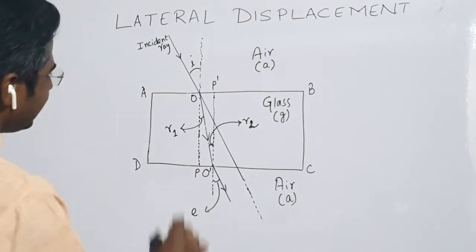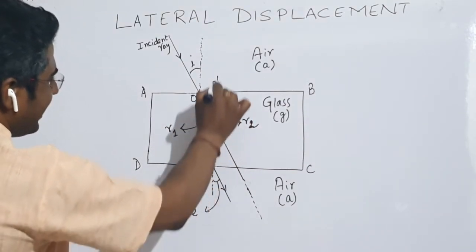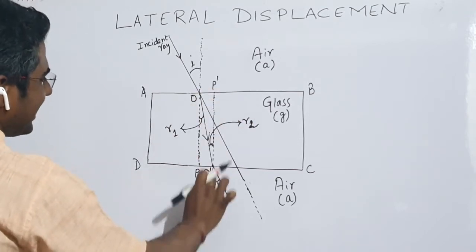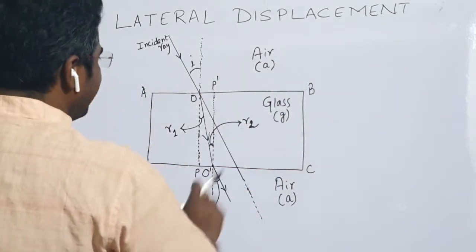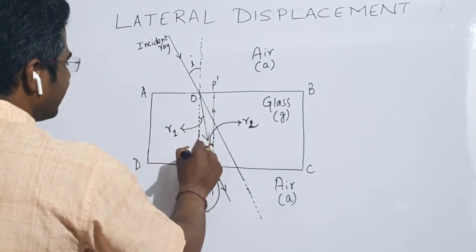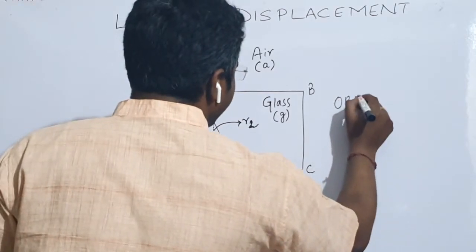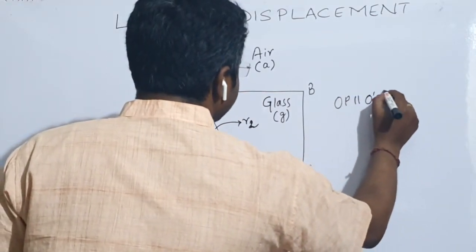Now let us check this. If you see this line OP and this line O dash P dash, both are basically normal to AB and CD. So this must be parallel, right? So I can write OP parallel to O dash P dash.